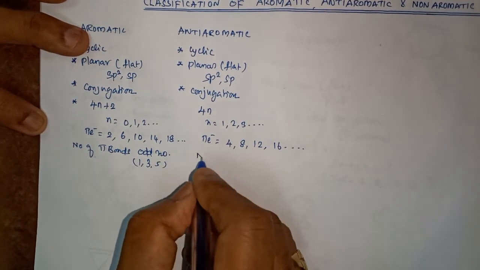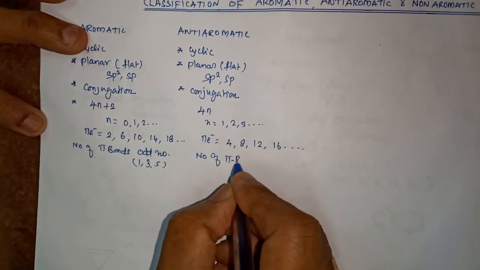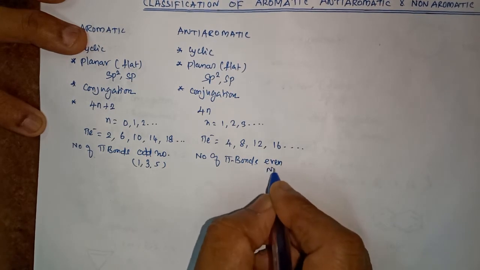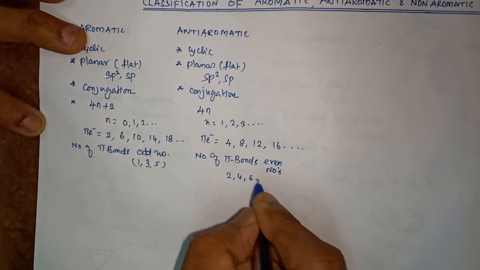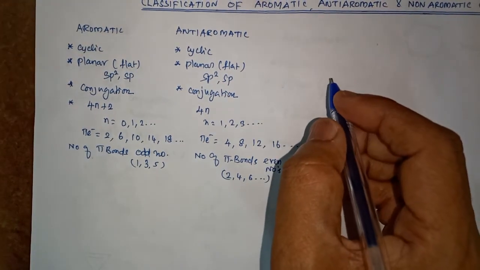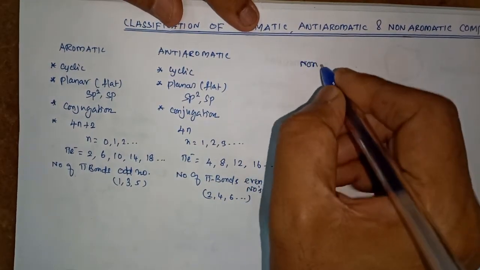But for anti-aromatic, the number of pi bonds is an even number, that is 2, 4, 6 etc. These are the conditions. The third type is the non-aromatic compound.